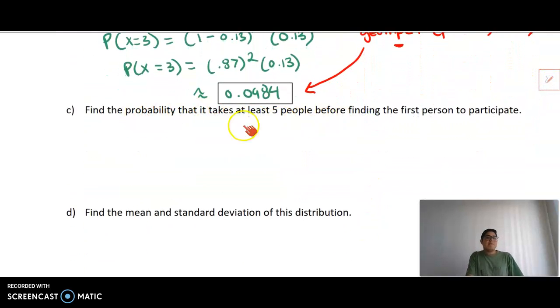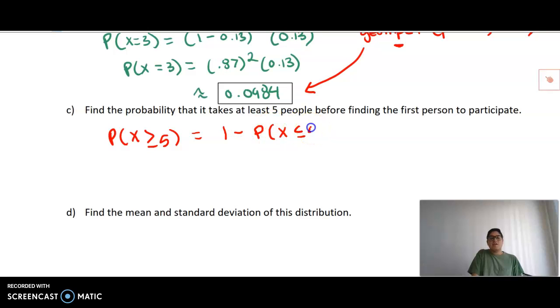Now here, find the probability it takes at least 5 people before finding the first to participate means that the first success would happen on the 5th person or higher. If it happens on the 5th person, I have to ask at least one person, it doesn't happen until the 5th, so I'm going to ignore persons 1, 2, 3, and 4. The probability that it takes at least 5 people is the same as 1 minus the probability that it takes between 1 and 4 people.